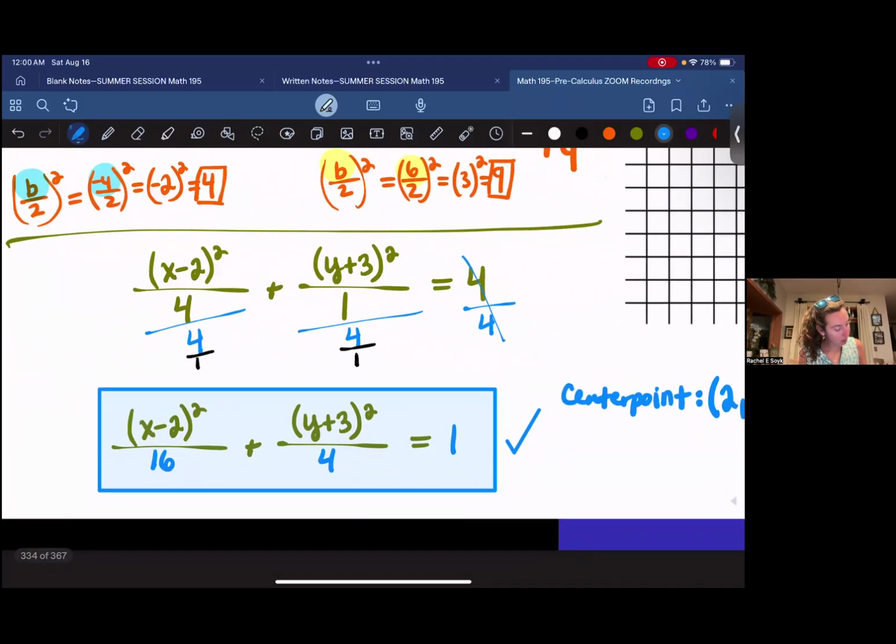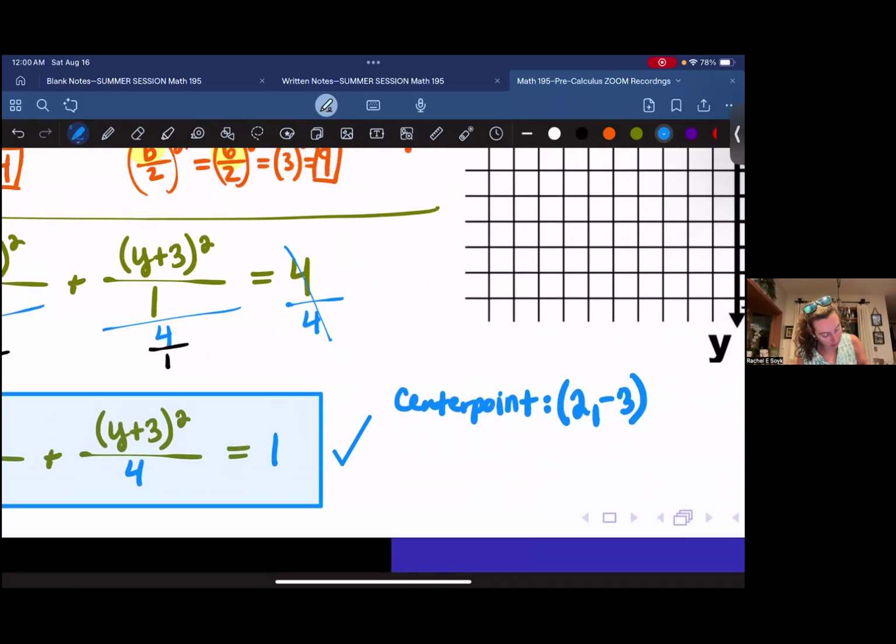And then our a value is the square root of 16, so a equals plus or minus 4. And then our b value equals plus or minus 2.